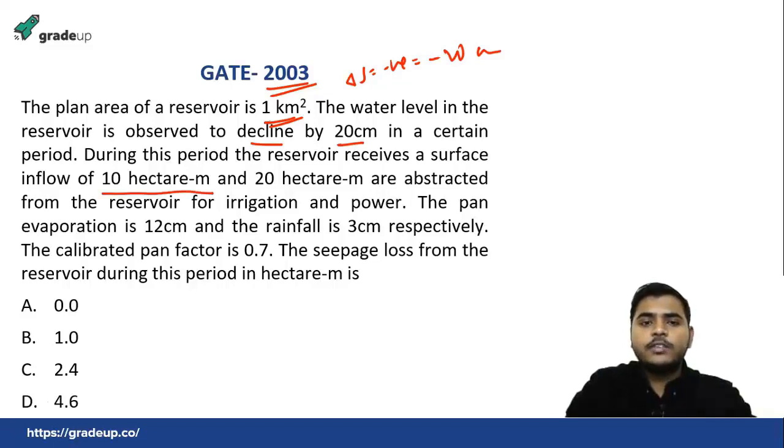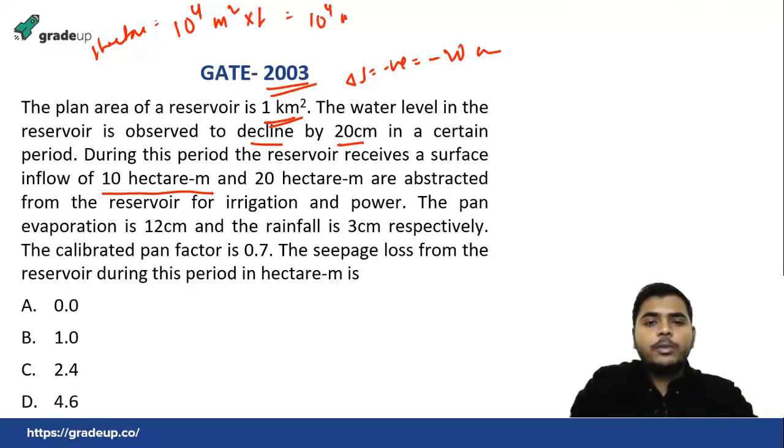Now this is volume. 1 hectare, you know, is equal to 10 to the power 4 meter square, into 1 meter, that is 10 to the power 4 meter cube. This will be the volume, and we have to convert it into centimeter.